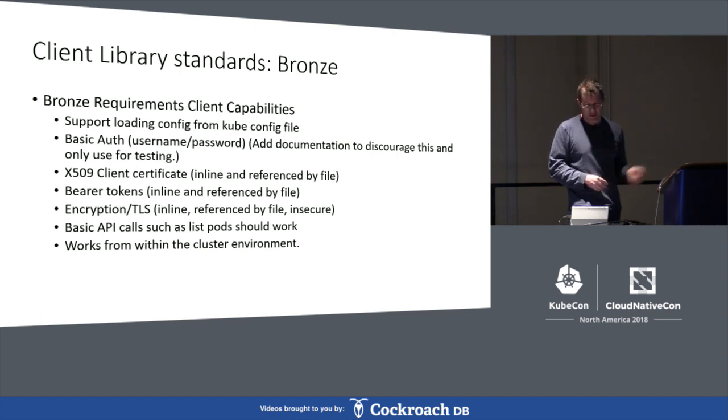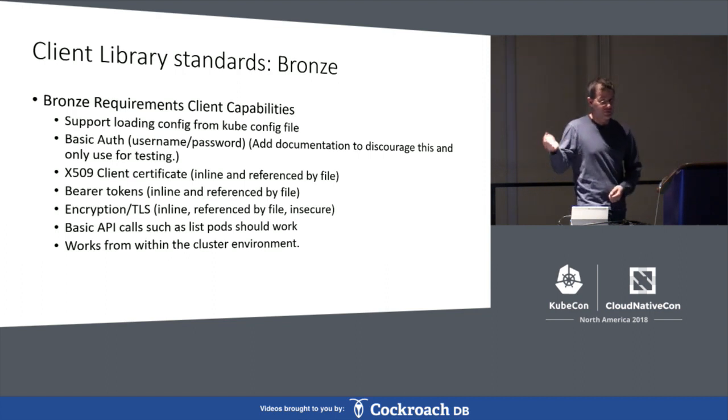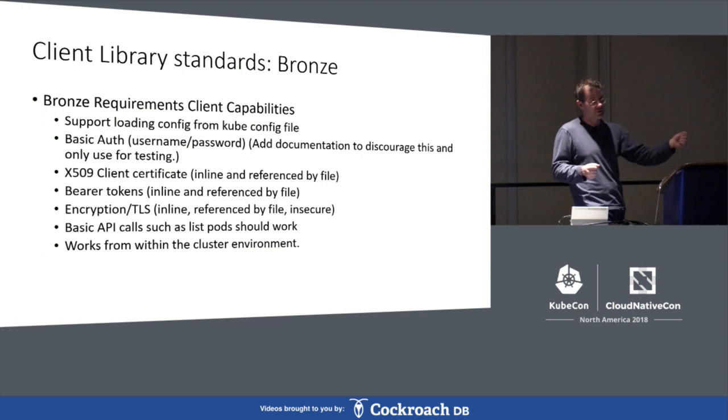And this includes things like loading from a kubeconfig file, the ability to do basic auth, using client certificates, using bearer tokens, again, inline and referenced in a file. Did you know that in your kubeconfig file, for every certificate, for every token, it can either be inline in the YAML file, or it can be a file pointer to a file on the file system?